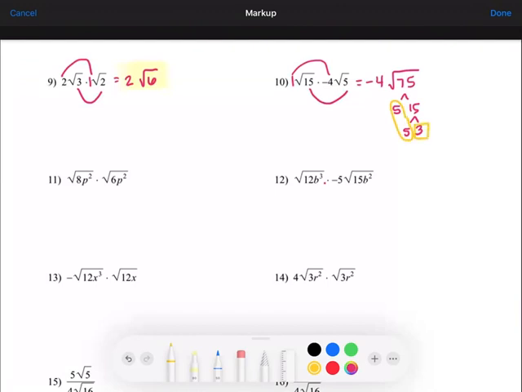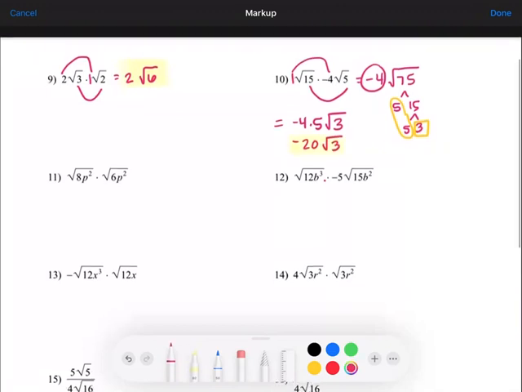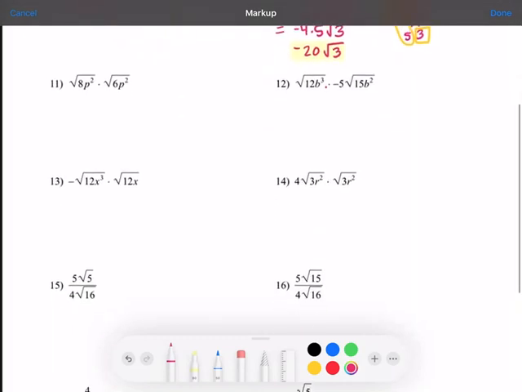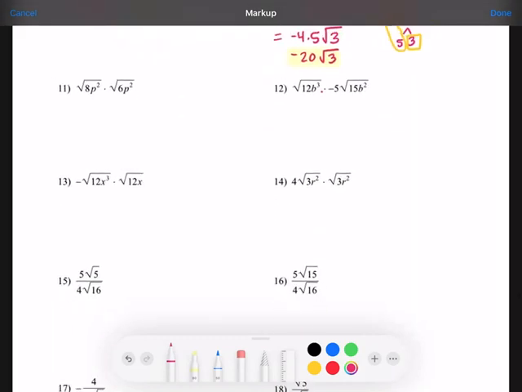So if I'm looking for groups of 2, I'm going to make a group of 2 with these 5s, and I'll have a 3 left over. So to rewrite this expression, I have a -4 times 5 square root of 3. -4 times 5 is -20, and then I have the square root of 3. So that is the final answer.